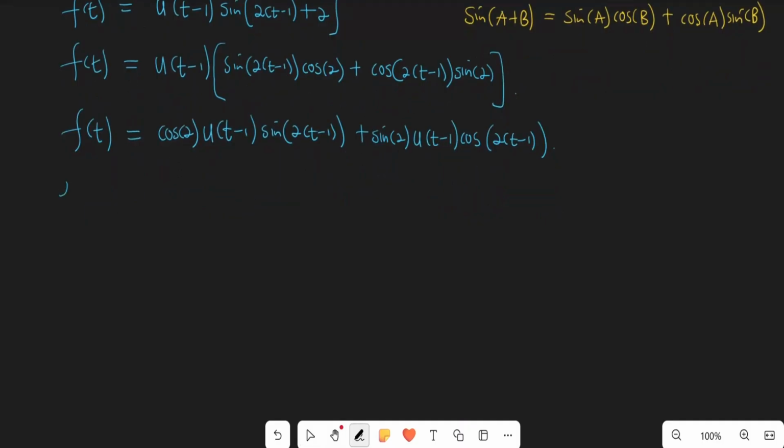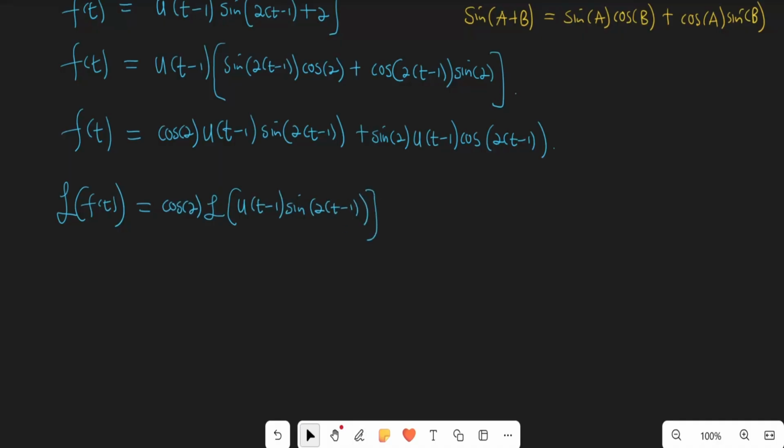So the Laplace transform of the left hand side is this, and now let me apply the linearity property of the Laplace transform straight away. This cosine of 2 is a constant, has nothing to do with t, so this one is going to be in front here. Then I'm going to take the Laplace transform of u(t minus 1) multiplied by sine of 2 times t minus 1.